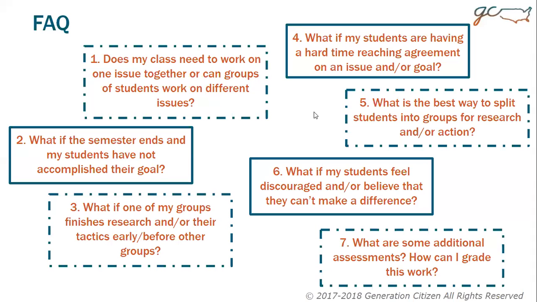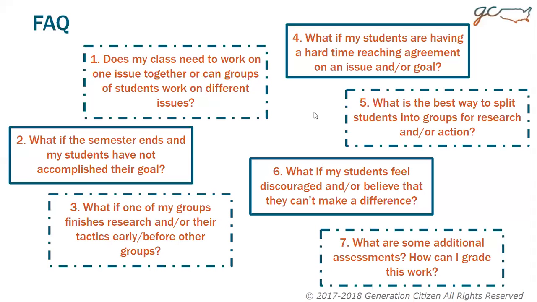Why are we having a hard time agreeing? Maybe even doing a silent reflection. You do some 10-minute writing time, because sometimes certain students might not feel like they have a voice to share or don't feel confident to speak up.